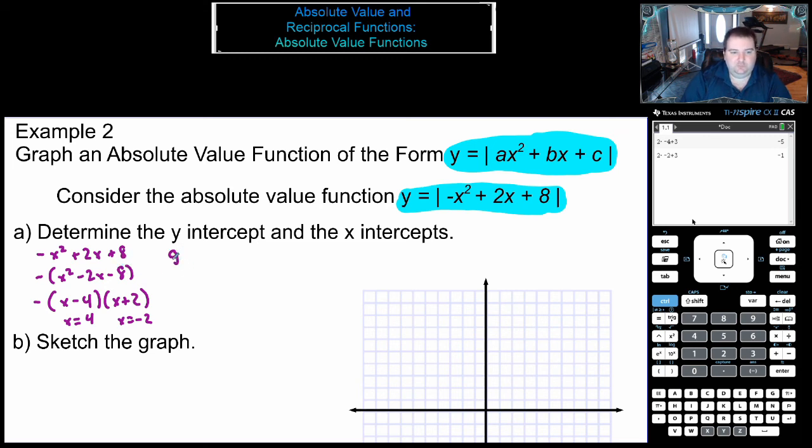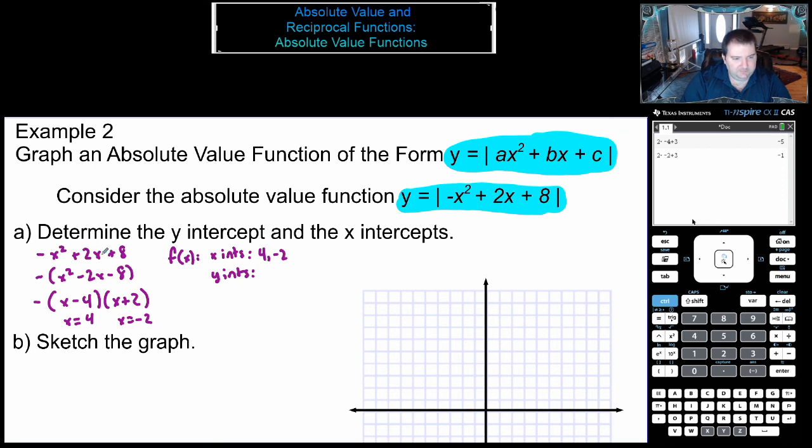So when it comes to our original function, f of x, our x-intercepts are 4 and negative 2. What are our y-intercepts? Well, our y-intercepts are when x is 0. So let's just plug 0 in here.